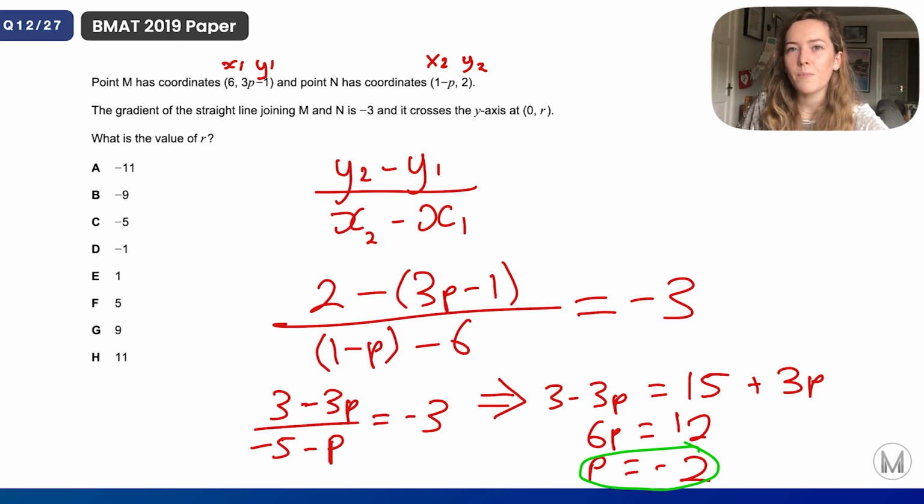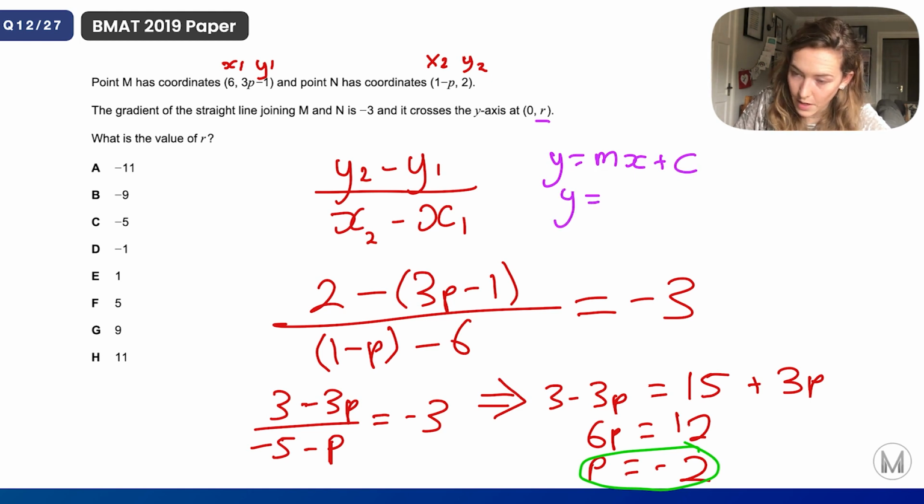The point R is the y-intercept of the straight line. So using the format y equals mx plus c, I can create an equation for that line. So y is equal to minus 3x, because I've been given the gradient as minus 3, plus r, because that's the intercept.